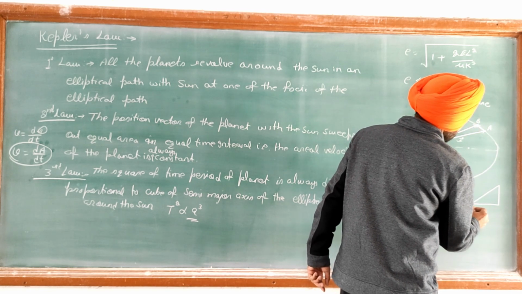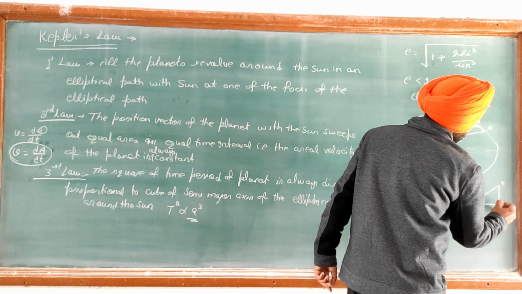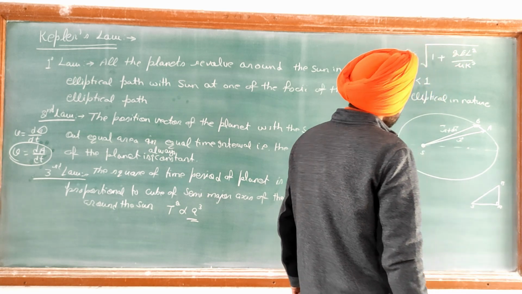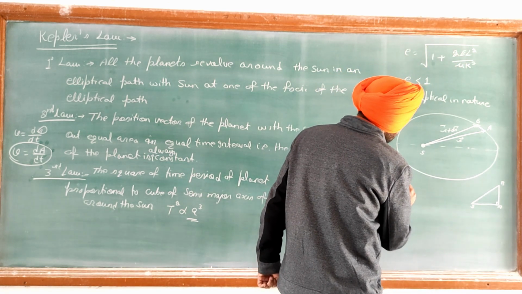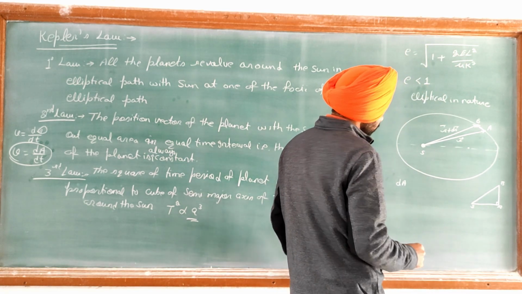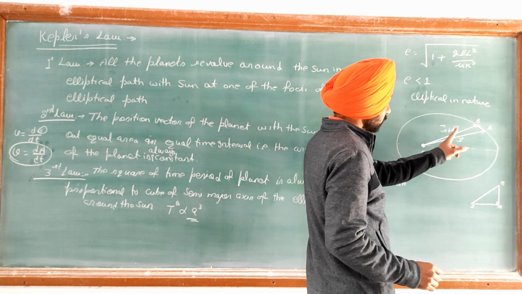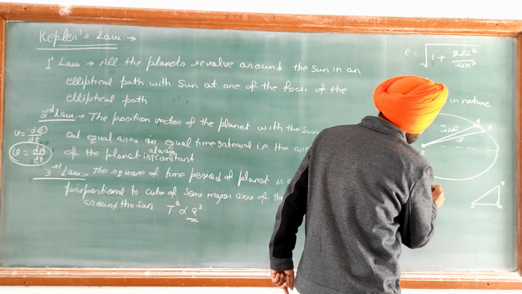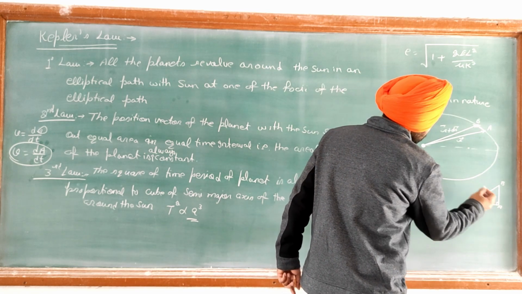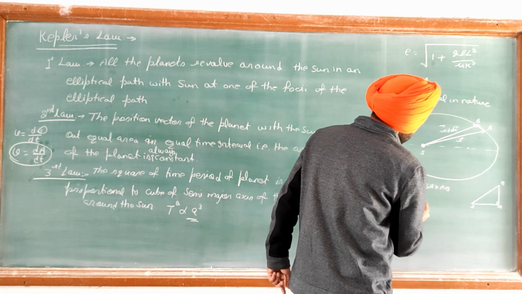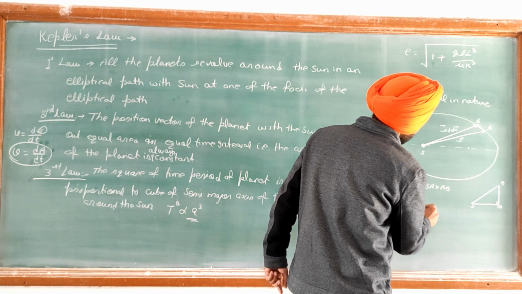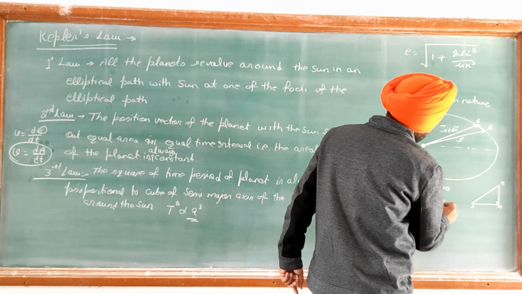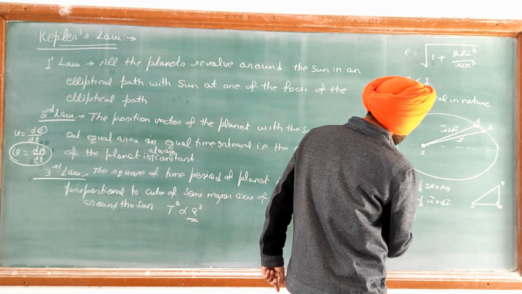So we can consider this angle as a right angle, and the area of this triangle is dA, because we are considering a small area due to small dr. dA equals 1 upon 2 times base SA into this AB. So this SA is r, and this AB is dr. This is dA.